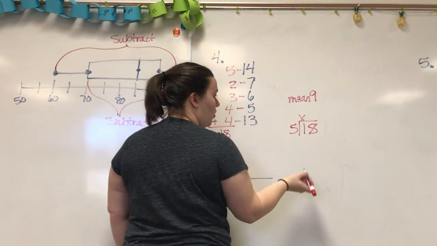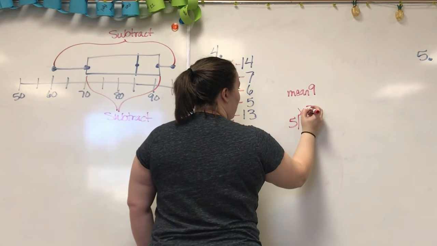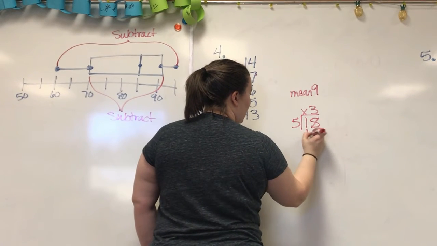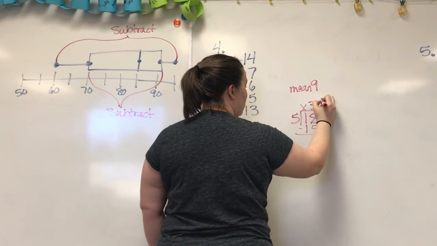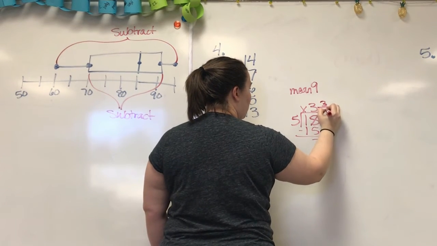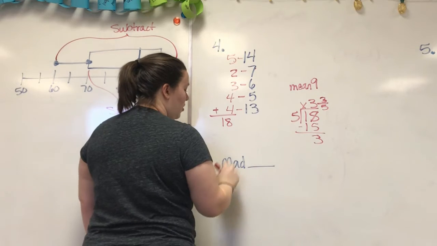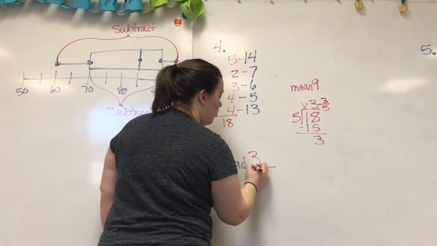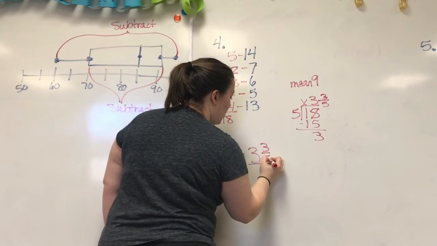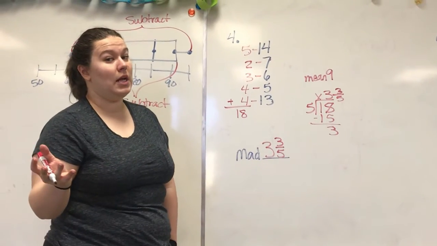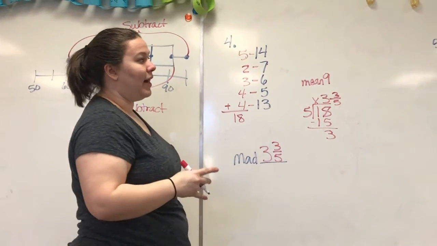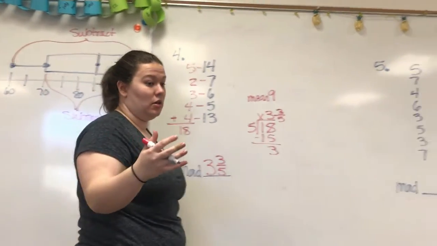It cannot fit into 1. It can fit into 18 3 times. Oh, with a 3 left over, I'm just going to turn it into a fraction of 3/5. Your mean of absolute deviation is 3 and 3/5. Hopefully you get it. Try number 5 before I give you the answer.